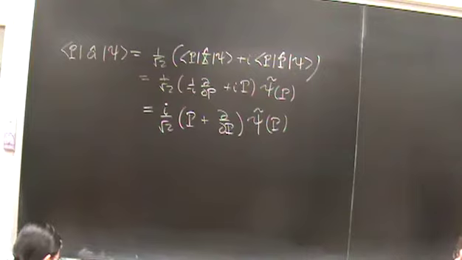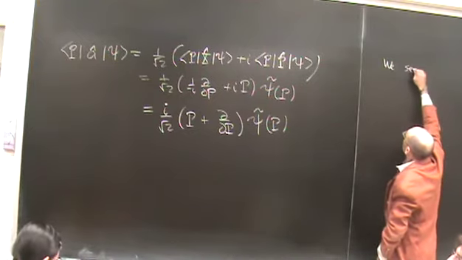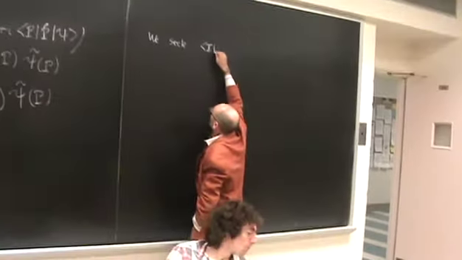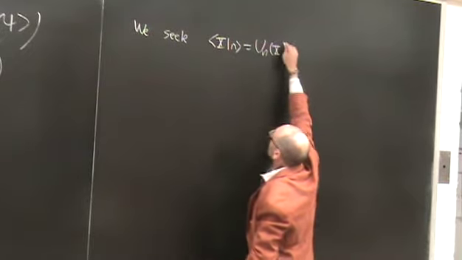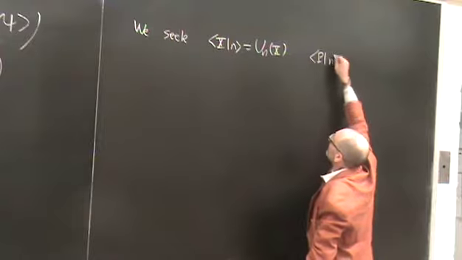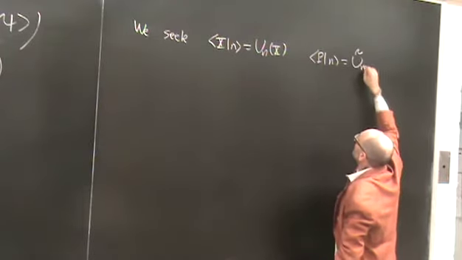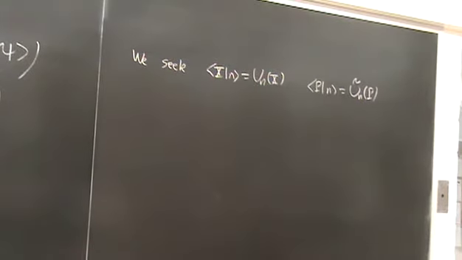Rewrite the Hamiltonian with these? We could. So we seek the position or momentum representation of the energy eigenvectors, right?